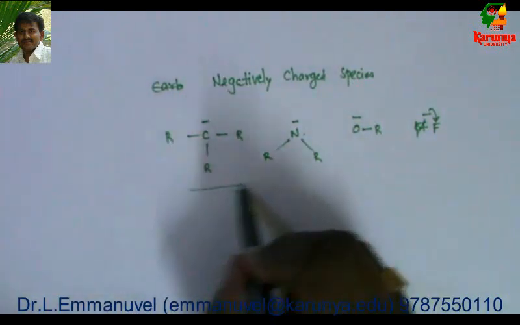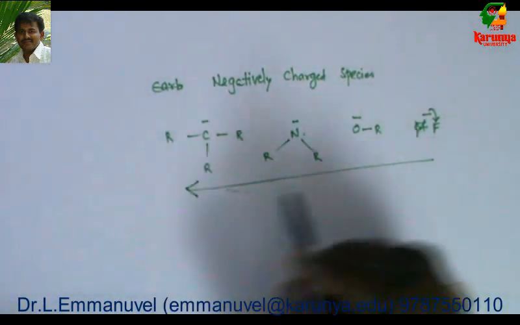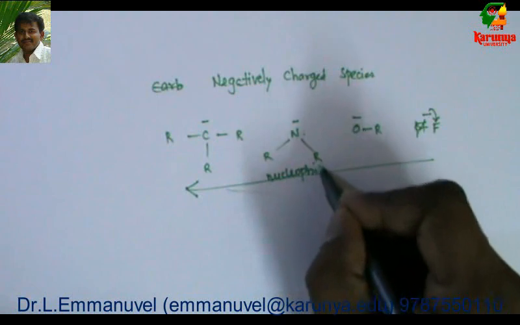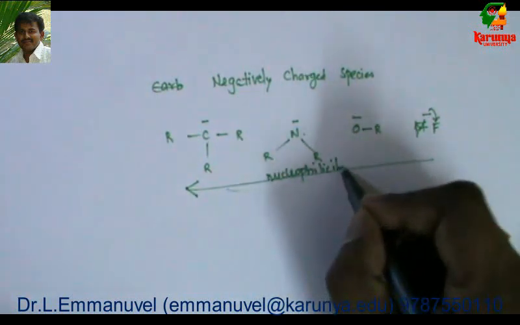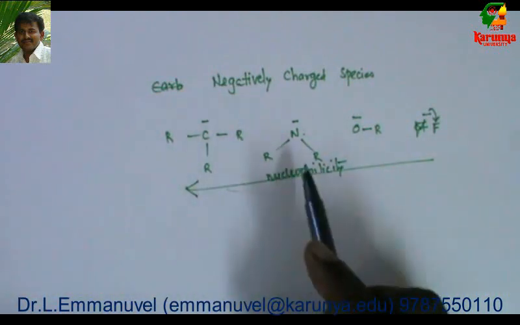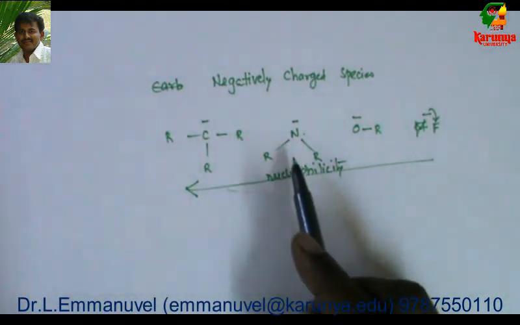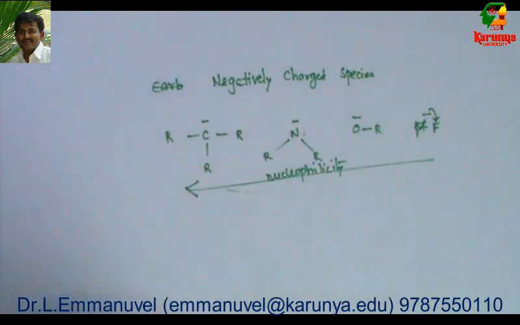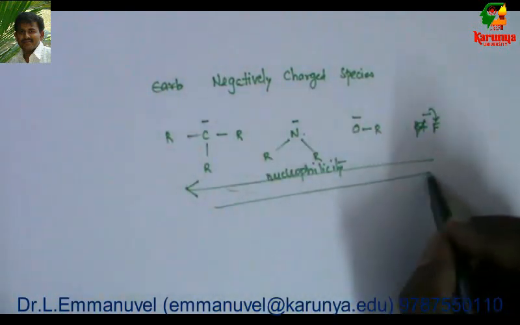So nucleophilicity increases when you go from F minus to C minus. So carbanion has the highest nucleophilicity. Then the second one, N minus. Next, alkoxide. The last one, halides. But the electronegativity increases in this order.